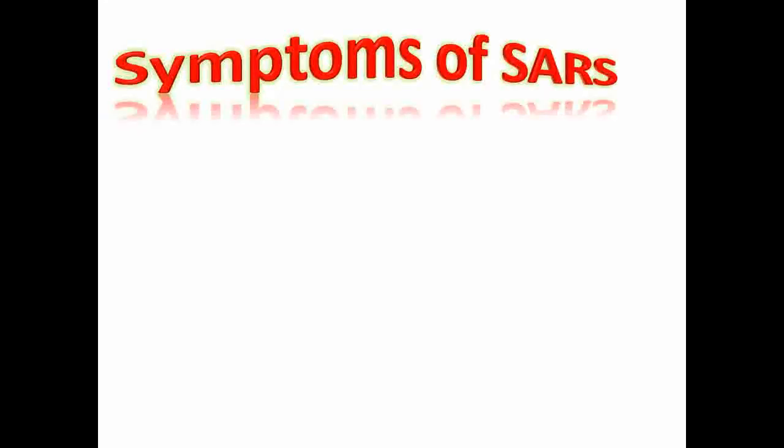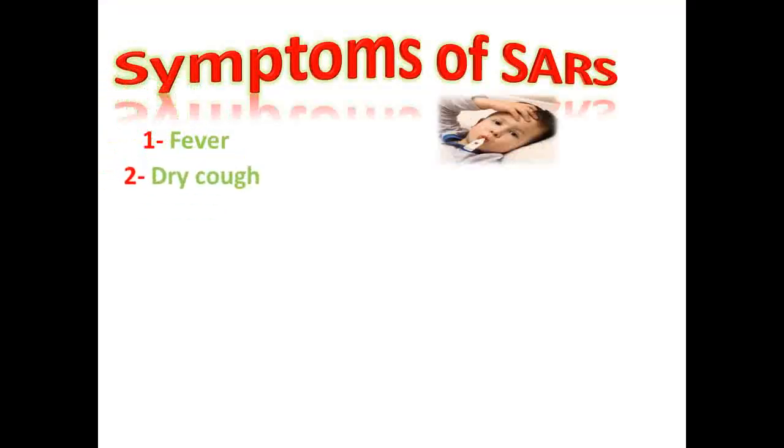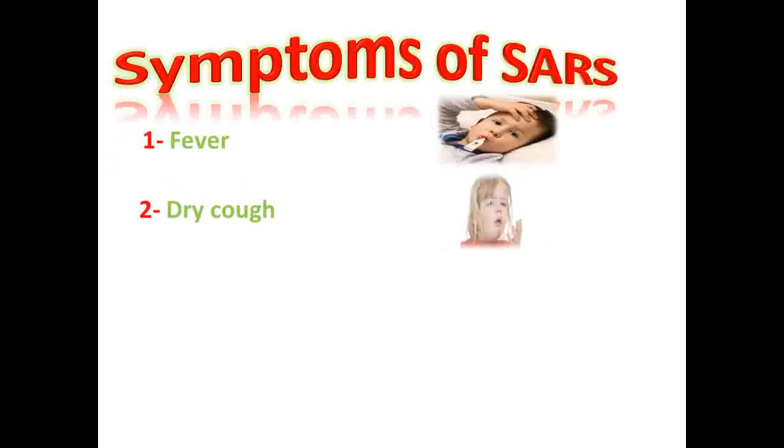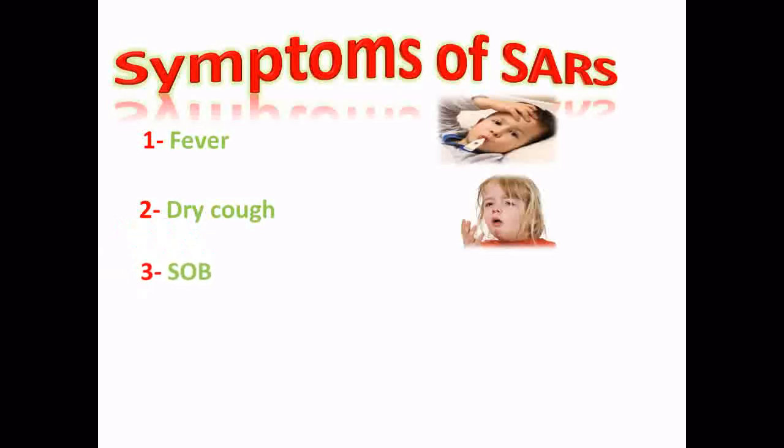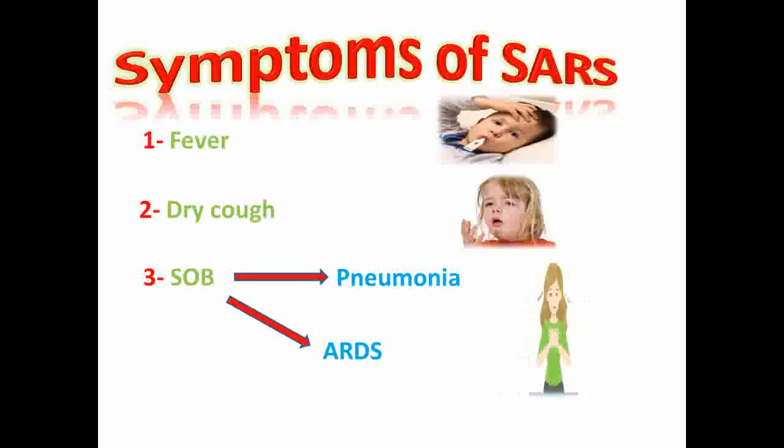Now, common symptoms of SARS. First one, fever. Second one, cough or dry cough. Third one, SOB or shortness of breath. This will lead to pneumonia or ARDS, acute respiratory distress syndrome.